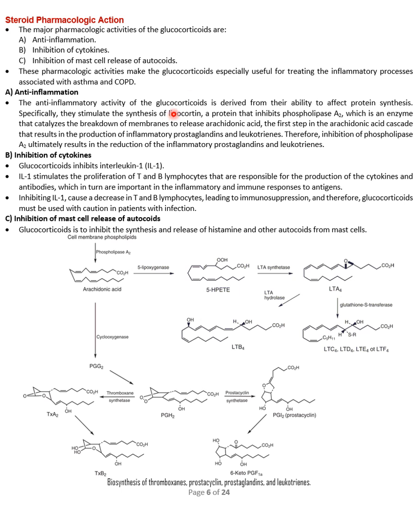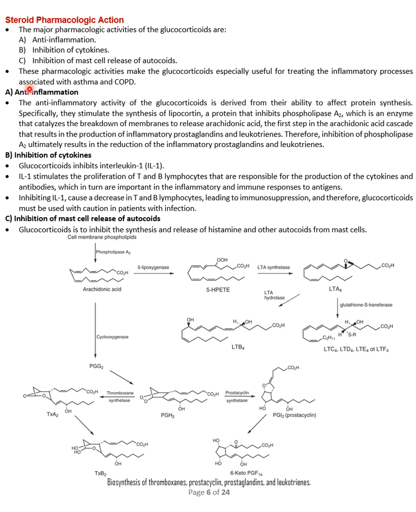If you compare these mechanisms to, for example, the non-steroidal anti-inflammatories, you'd see that in the case of the glucocorticoids, besides stopping the inflammation, they inhibit the cytokines, which leads to stimulation of the white blood cells, and they also inhibit the release of chemicals known as autocoids from the mast cell. So it's because of these three major actions that glucocorticoids are preferred in the case of asthma and COPD.